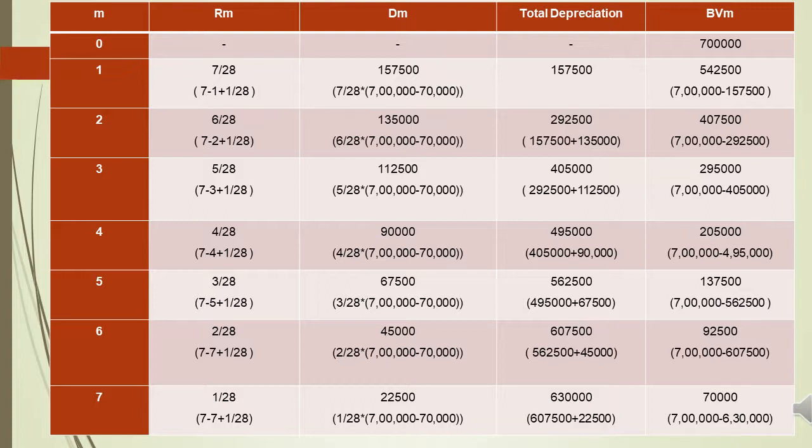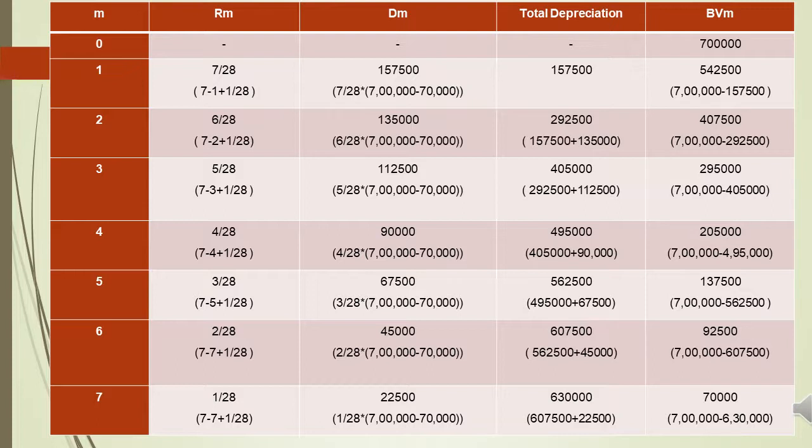Now RM for the fourth year, that is 7 minus 4 plus 1 divided by 28. Answer is 4 by 28. Now RM for the fifth year, that is 7 minus 5 plus 1 divided by 28. So the answer I will get is 3 by 28.